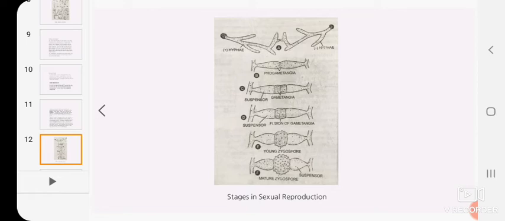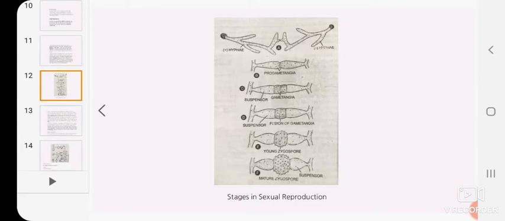Now in this way, the paired nuclei will fuse, and then in this way the diploid nuclei are formed, and later on this coenozygote enlarges, develops its two-layered wall and becomes zygospore. Now you see the structure of zygospore.